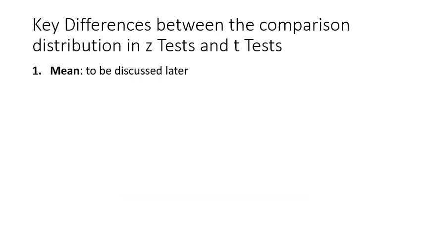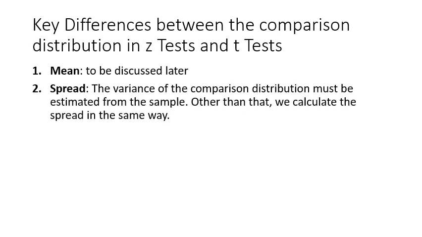So the key differences that we'll note between the comparison distribution in z-tests and t-tests. The mean, we'll talk about this a little later. The same idea though, the comparison distribution will be the same. The spread, the variance of the comparison distribution, we have to estimate from the sample because we don't know what it is from the population.